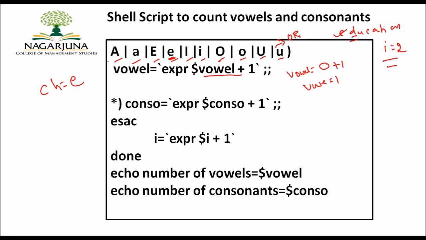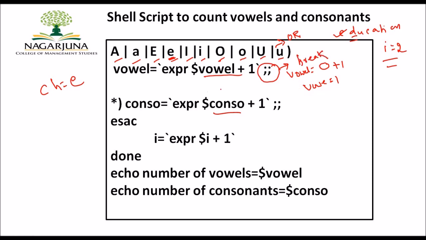So does D match with these characters? No. D does not match with any of these options. So here star represents the rest of the characters. If it is any of the rest of the characters, then count it as a consonant. So you know that these two semicolons indicate a break.